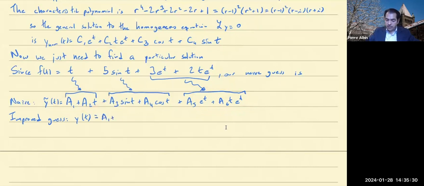I'll keep them as they are, a1 plus a2t, right? However, sine t and cosine t, those do satisfy the homogeneous equation. So they're not going to be useful at all for finding a particular solution as they are. I should multiply them by t so that they remain useful.